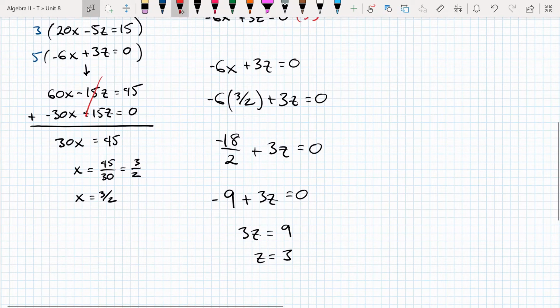Okay, we're almost done. These can be pretty annoying because there's just a lot of steps.